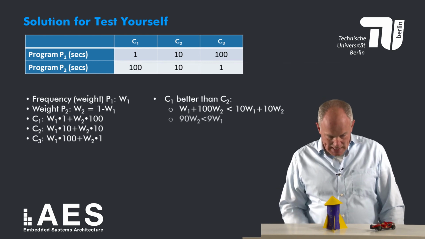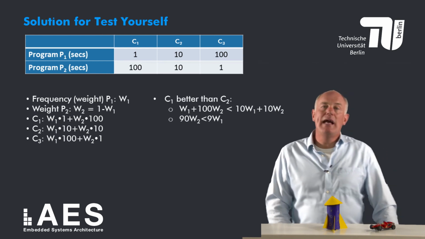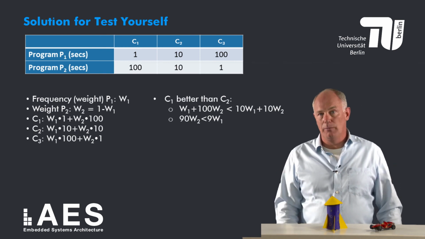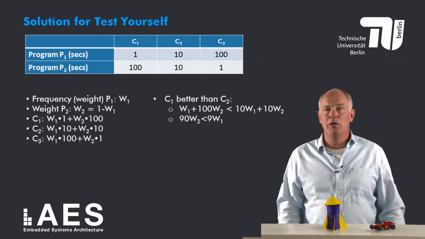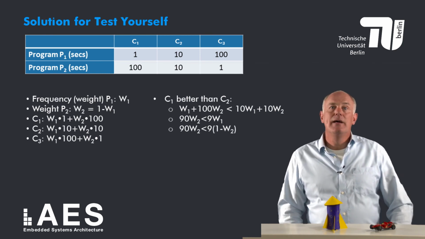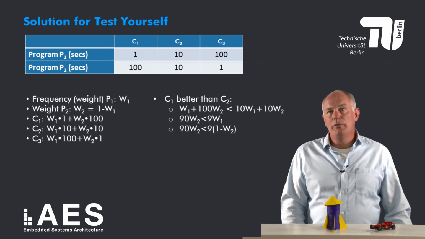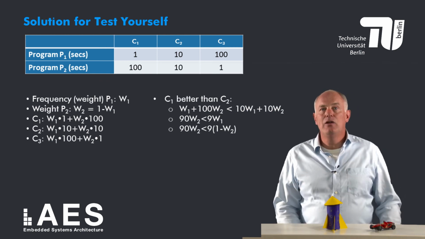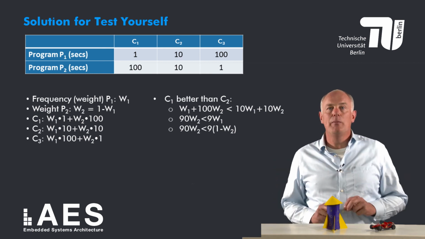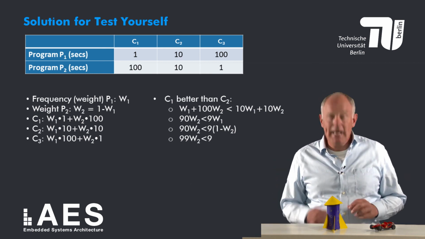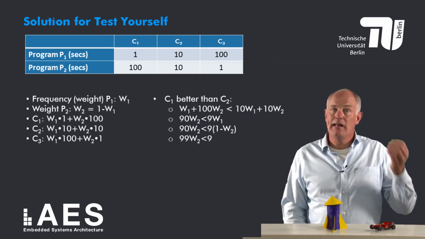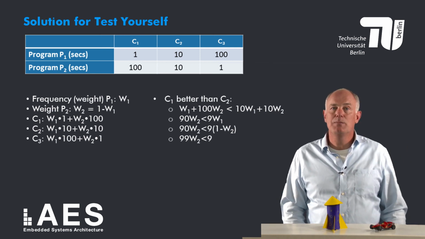We can subtract W1 and 10 W2 from both sides to obtain 90 W2 must be less than 9 W1, and we can now substitute 1 minus W2 for W1 to obtain 90 W2 must be less than 9 times (1 minus W2). Now we can add 9 W2 to both sides and obtain 99 W2 must be less than 9.